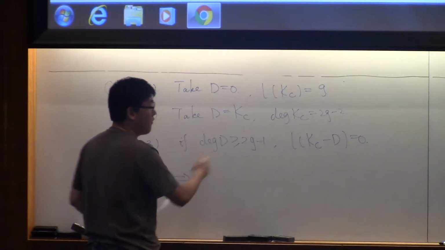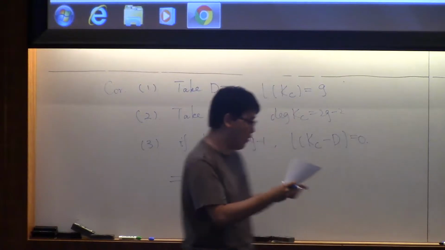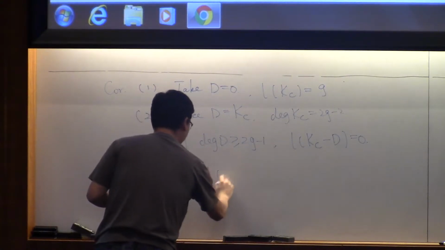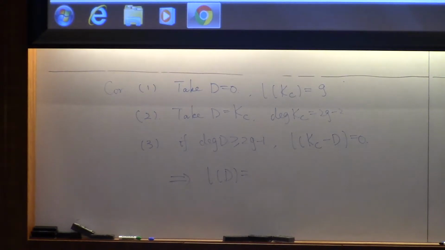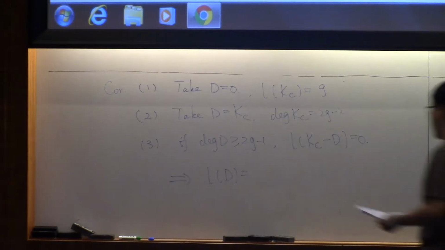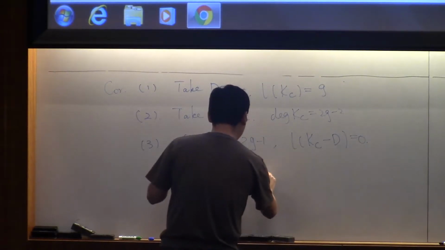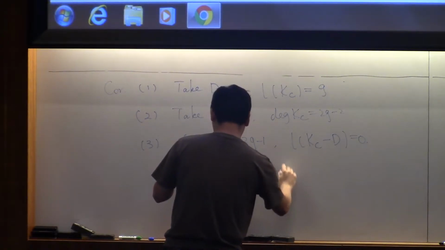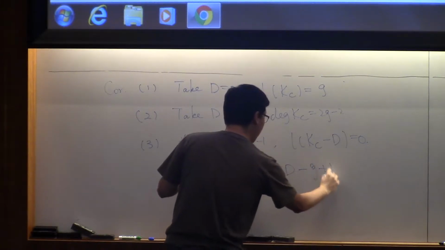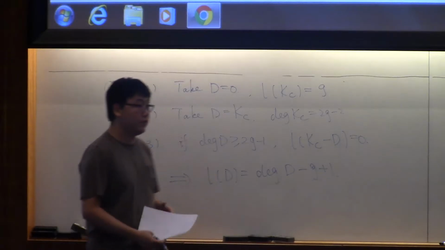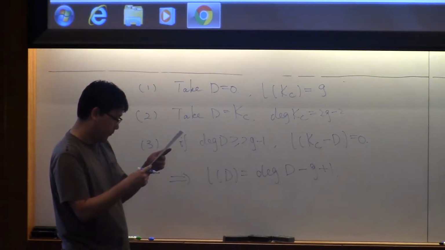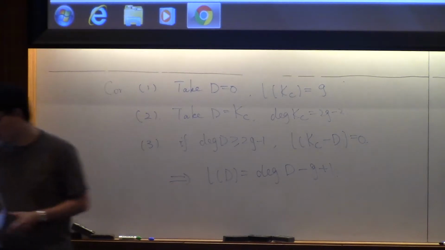And then for such divisor, you apply the Riemann-Roch theorem. We see that this term vanishes, and the Riemann-Roch theorem will really give you a way to compute this dimension. Okay?